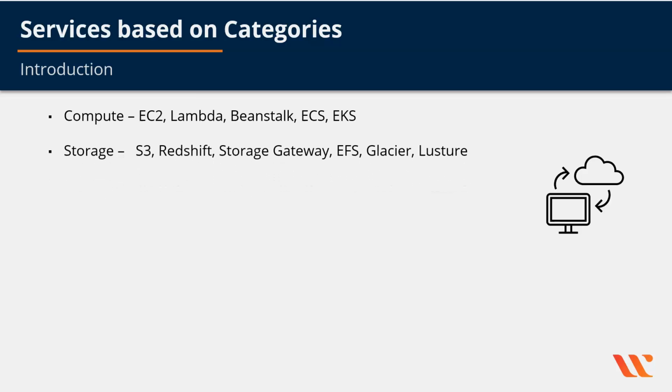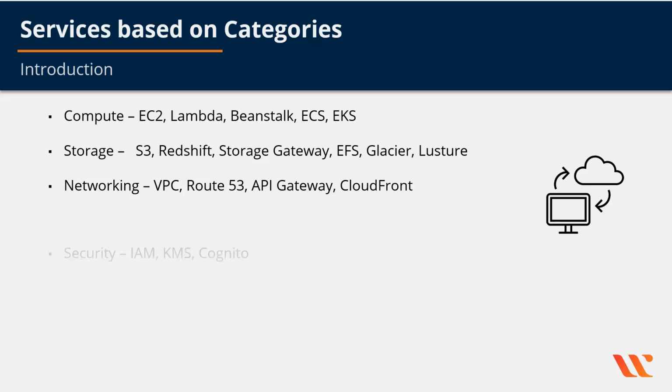Storage: S3, Redshift, Storage Gateway, Elastic File System, Glacier, and Lustre come in this category. In the networking category, VPC, Virtual Private Cloud, Route 53, API Gateway, and CloudFront come under this category.